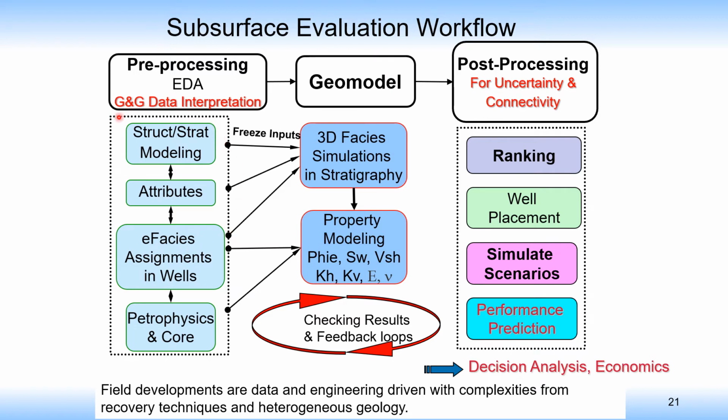So the entire G&G team would be focused on delivering the information for the structure model, strat model, attributes for trends, facies, logs, or electrofacies, and the various petrophysical measurements that are going to go into the process. But one of the key things is to get the team, if they're engaged, to try to freeze inputs for the modeler, make it easier for the modeler to not have to do recycling before delivering early models.